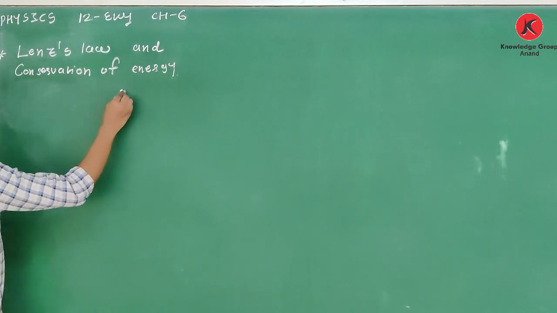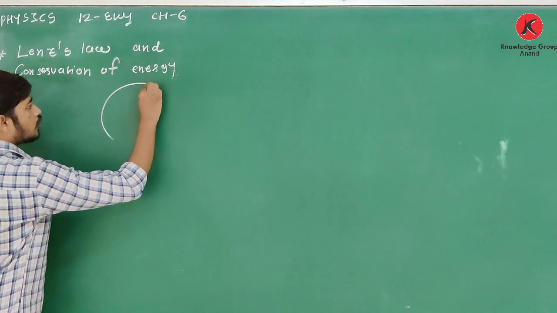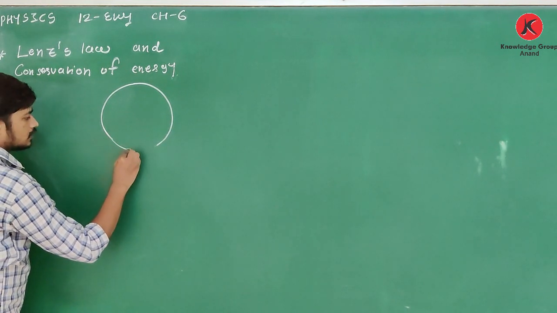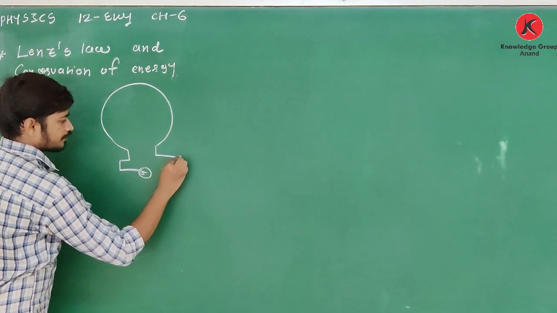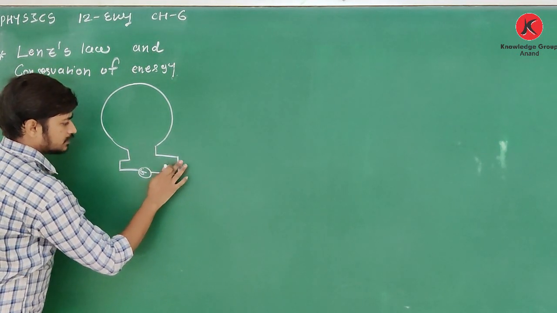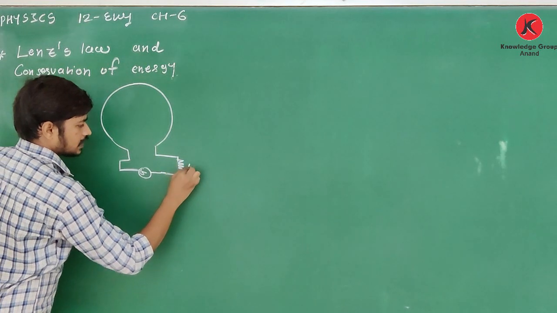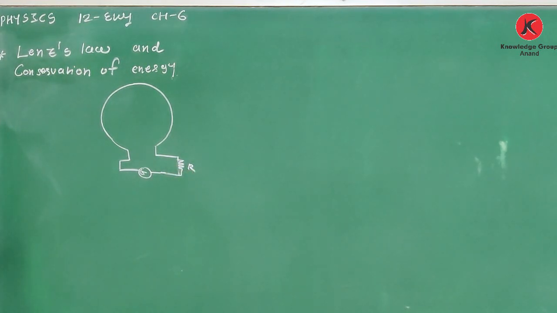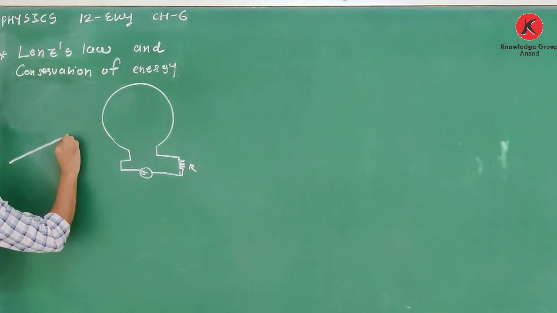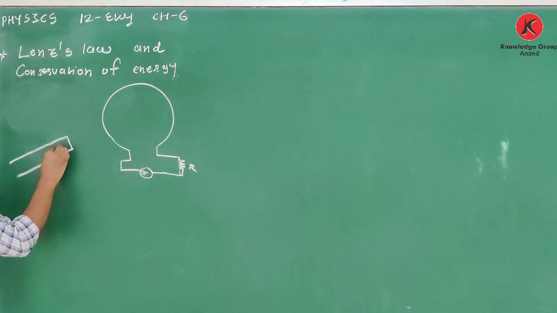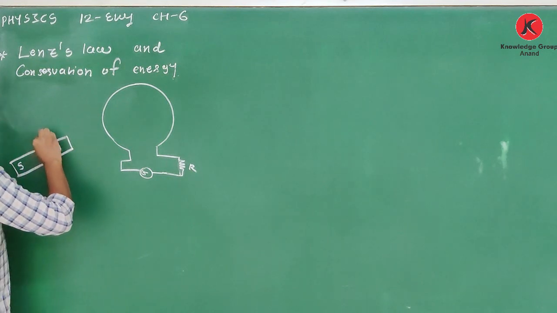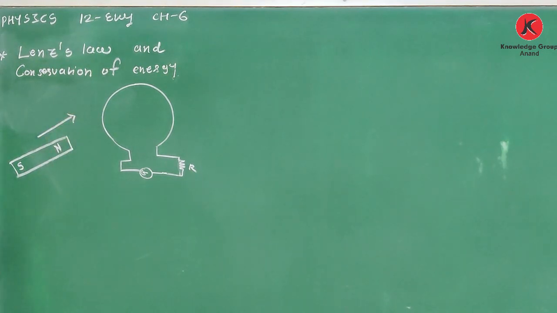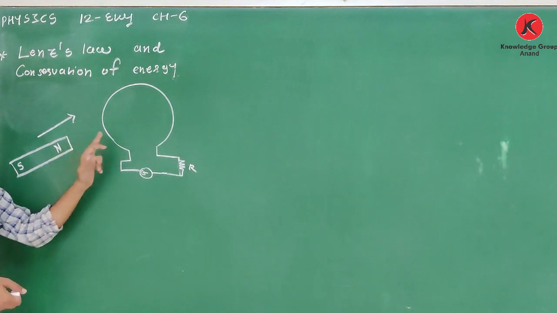Suppose it is one coil connected to a galvanometer and with some resistance R. Now with this coil, we have one magnet, its north pole this side, south pole here, and we bring this magnet towards the coil facing its north pole.